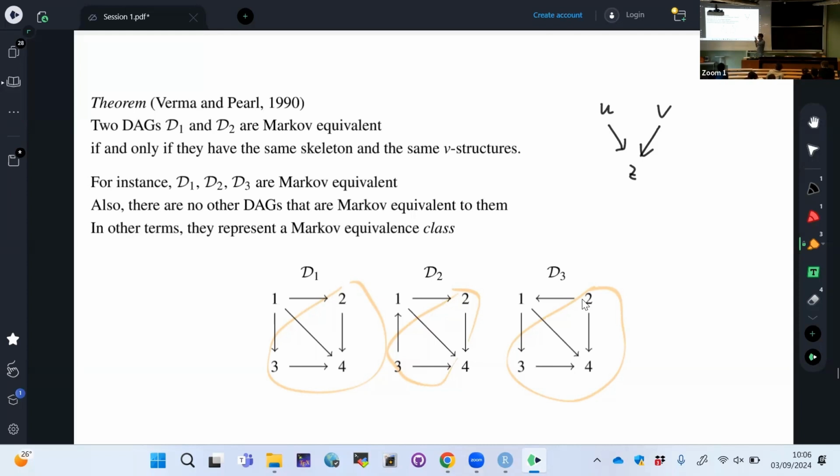You would need to reverse some edges and introduce cycles, and then it is not a DAG anymore, or you would need to remove a V structure and then fall outside the equivalence class. So in other terms, these three DAGs represent an equivalence class. They are equivalent, and there are no other DAGs that are equivalent to them.